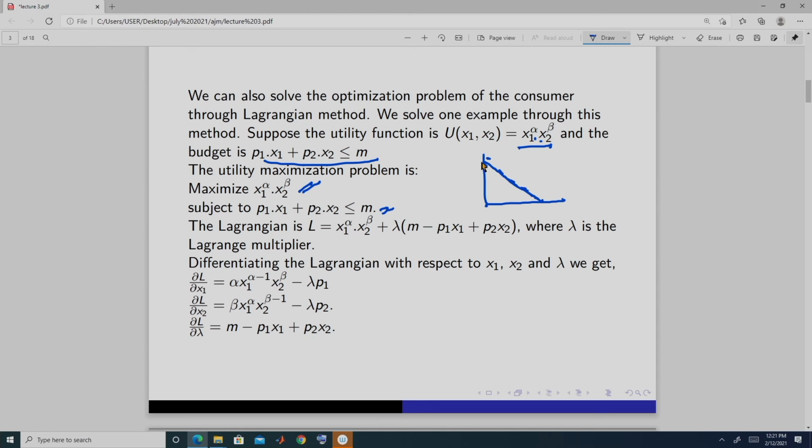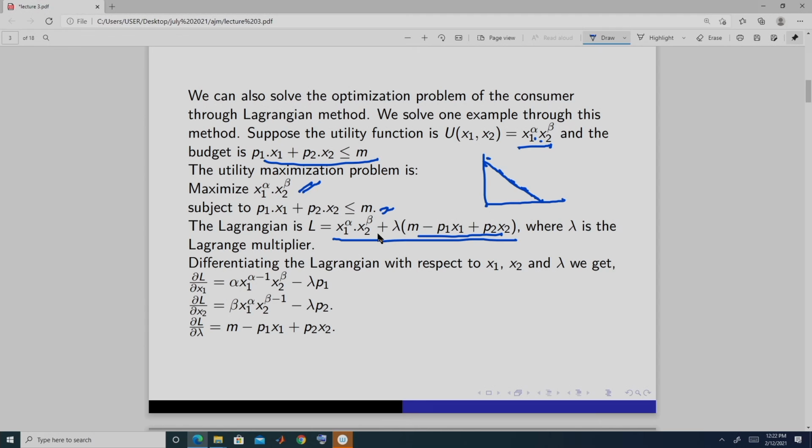So we can take the Lagrangian in this form. We do not have to use something called the Kuhn-Tucker method in this case; we use the simple Lagrange method. This is our objective and this is our constraint, and this lambda is called the Lagrange multiplier.